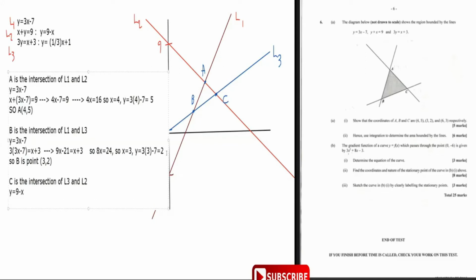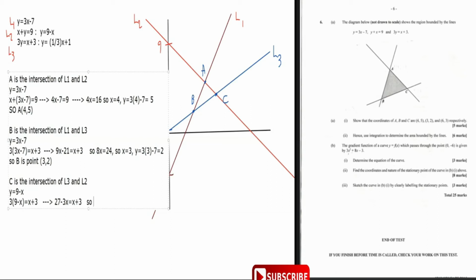And then L3 was 3y, so it's going to be 3 times y, which is 9 minus x, equal to x plus 3. So we can go ahead and solve this now.